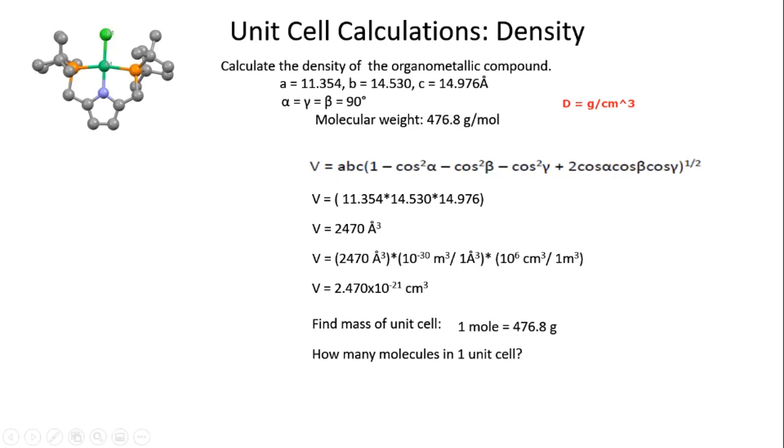And with orthorhombic unit cells, generally this would either be 4 or 8. This is common, but there are exceptions, but generally when you have an orthorhombic unit cell, you're going to have either 4 or 8 entities in the unit cell. So I shouldn't say molecules here, I should say entities. Entity meaning this whole organometallic complex.